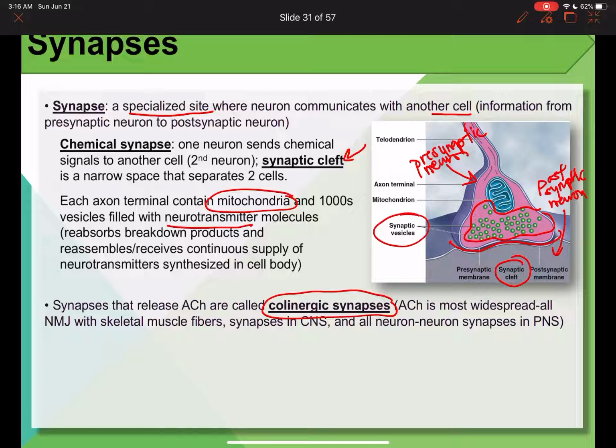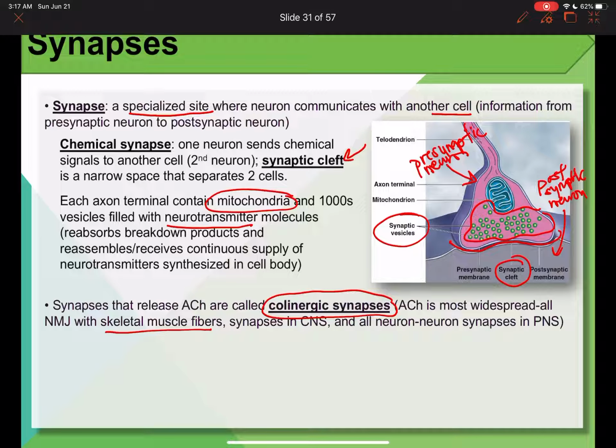There are names for different neurotransmitter synapses, but acetylcholine is the most widespread of all the different types of synapses you can have in the body, because they always form neuromuscular junctions with skeletal muscle fibers, and we have so many skeletal muscle fibers all over our body that need to be controlled by a motor neuron.